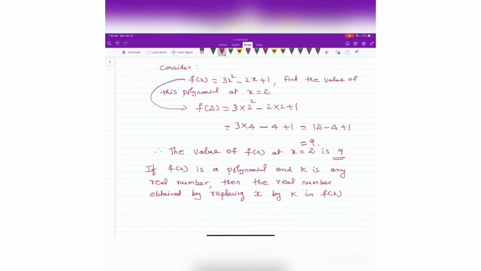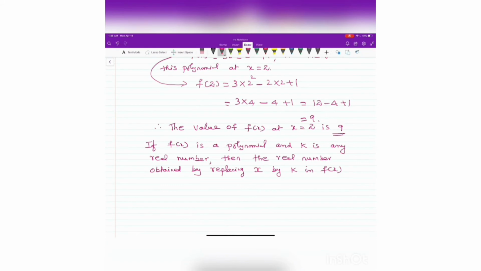The real number obtained by replacing x by k in f of x is called the value of the polynomial f of x at x is equal to k.